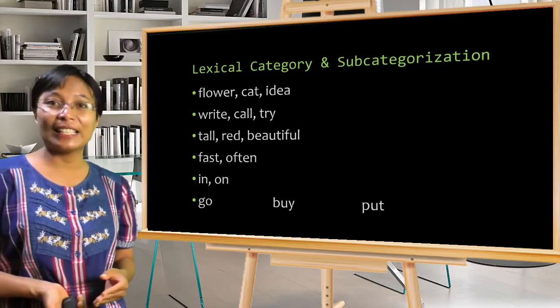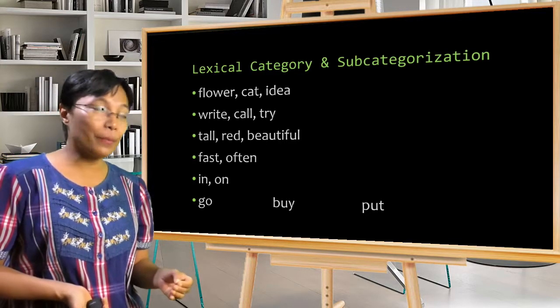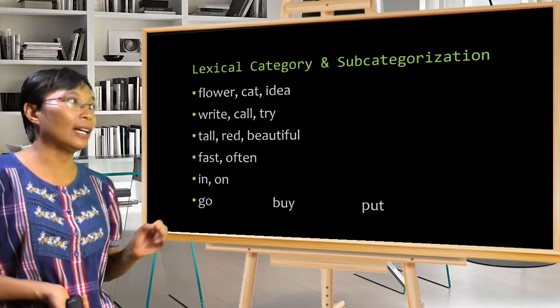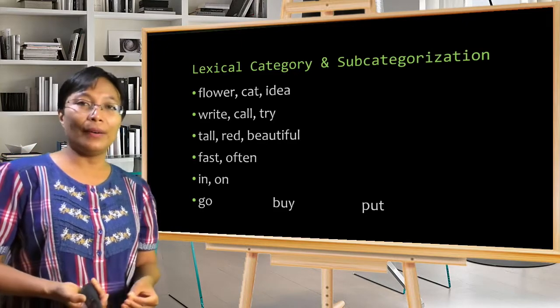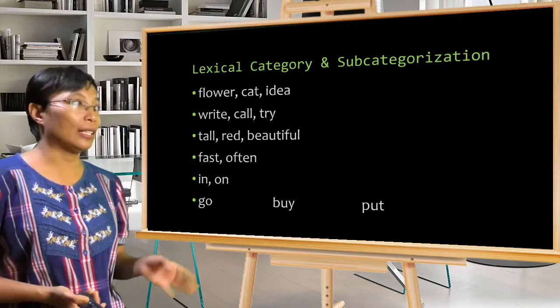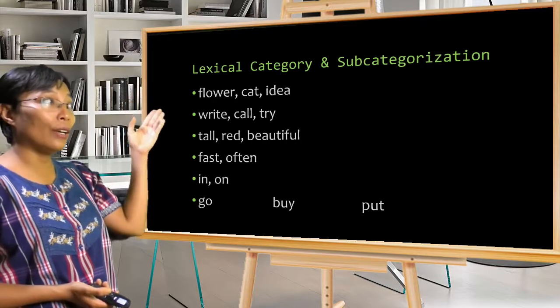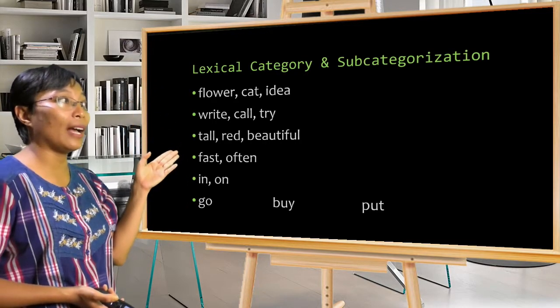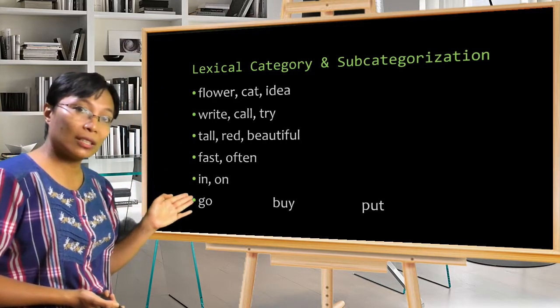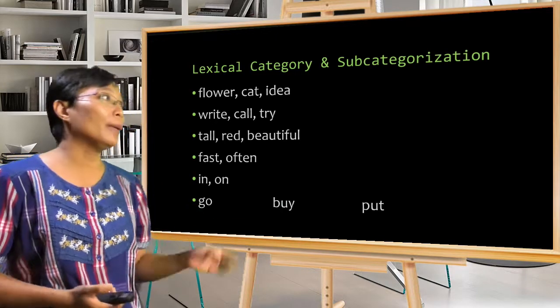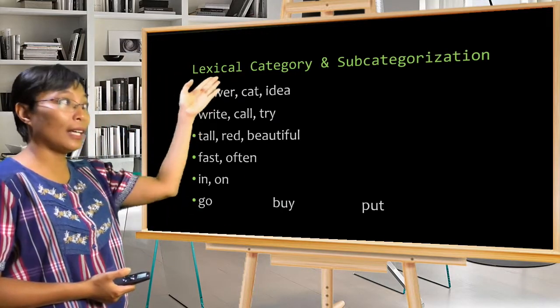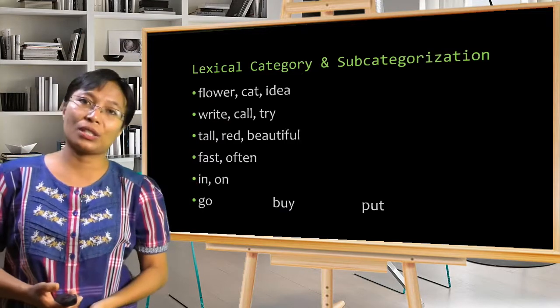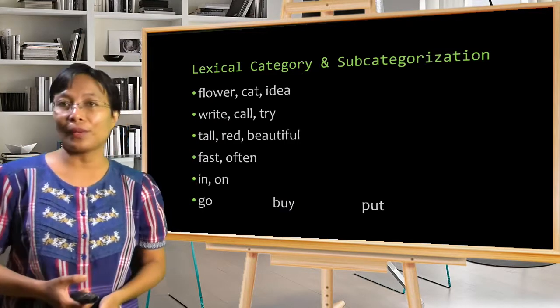Fast, often. They are adverbs. And then in and on. They are some examples of preposition. Now, when we are talking about nouns, verbs, adjectives, adverbs, prepositions, etc., then we are talking about the lexical category of the words. Now what about subcategorization?